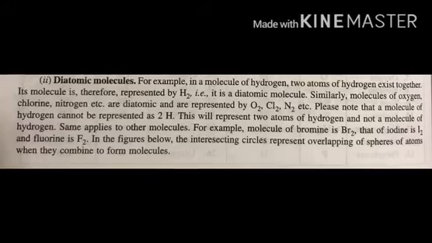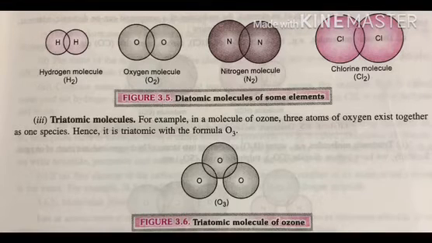Now let us see some diatomic molecules of some elements. Two atoms of hydrogen combine to become one hydrogen molecule, this is H2. Same, two atoms of oxygen combine to make one molecule of oxygen, this is O2.